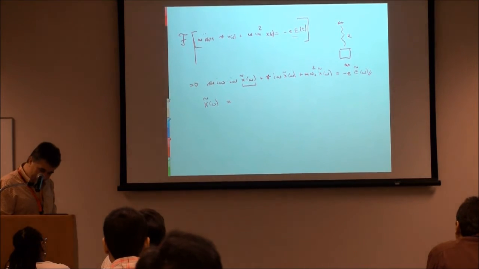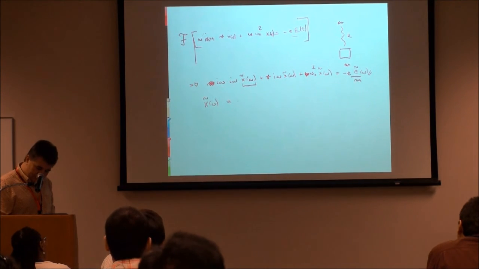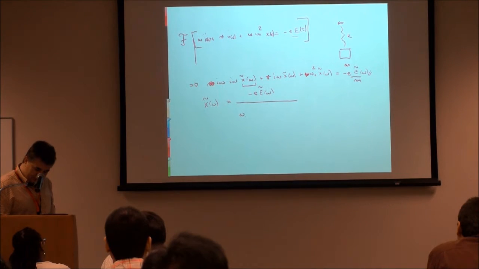How about to get rid of these m's? There must have been an m here, but so we put this here. So it will be minus e of omega over... I start with this because this is negative, and I like to start with positive.